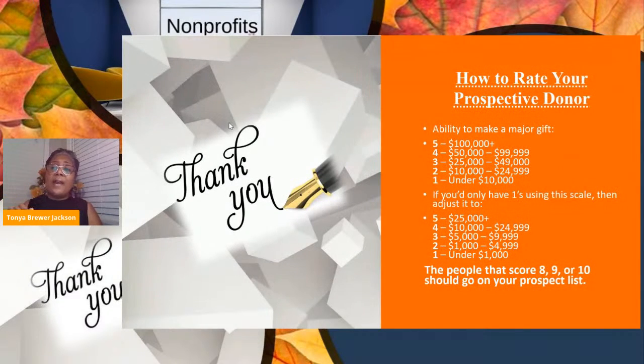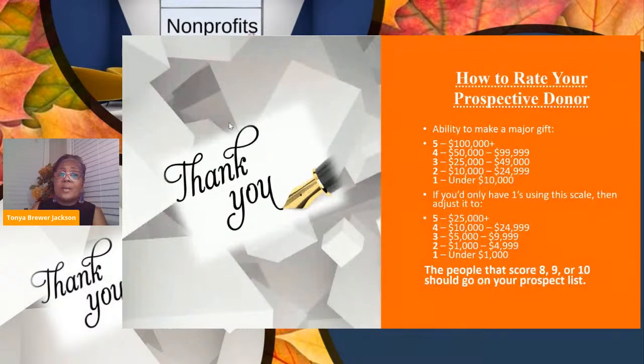So if you have a lot of people that are mostly a one, then you want to go to the bottom part where the amounts are a little bit lower, up to 25,000. At this rate, a person may have a capacity of one, which is under $1,000, but they may have had the ability to pay $5,000 at one time.